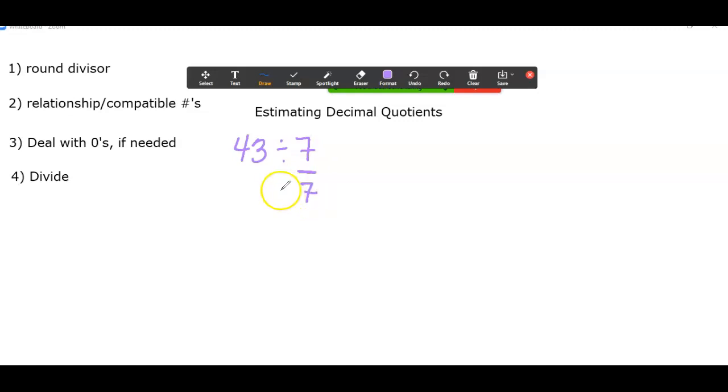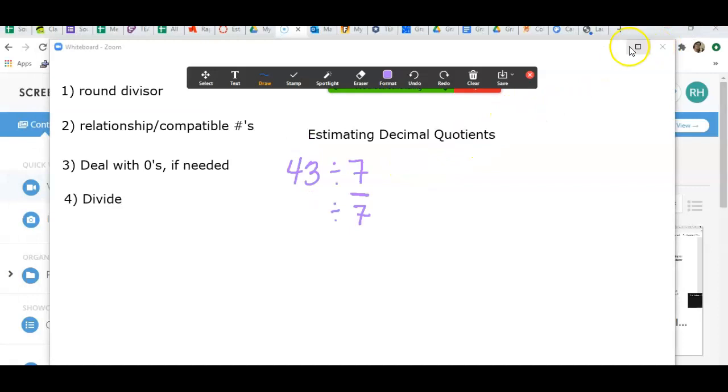I'm not going to round it. My next step is to look at the relationship and create a compatible number. So does 7 have a relationship with 43? I am going to see if I can get over to my multiplication chart to show you. Where did my multiplication chart go?